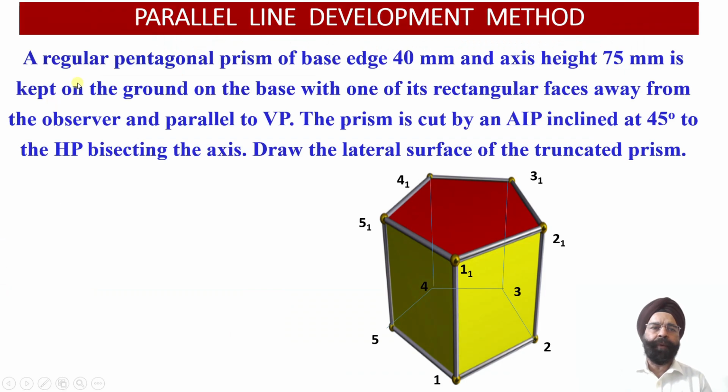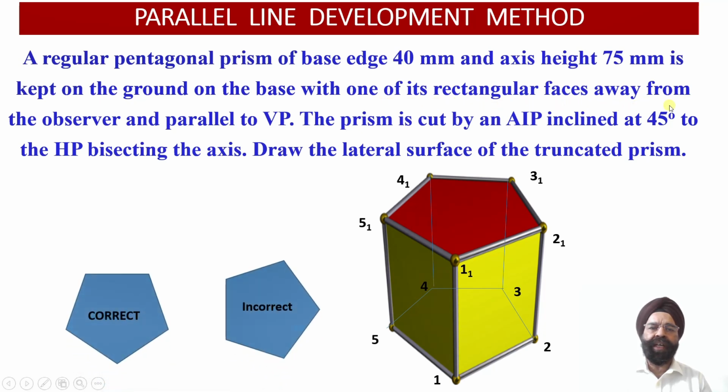Now here we have been provided with a regular pentagonal prism of base edge 40 mm and axis height 75 mm. This regular pentagonal prism is kept onto the ground on its base with one of its rectangular faces away from the observer and parallel to the vertical plane.